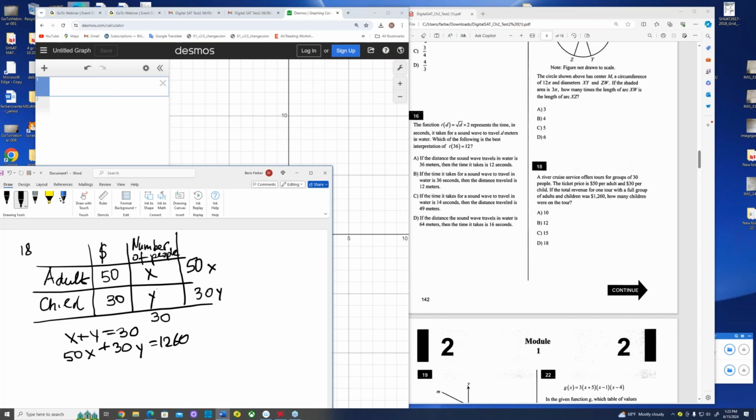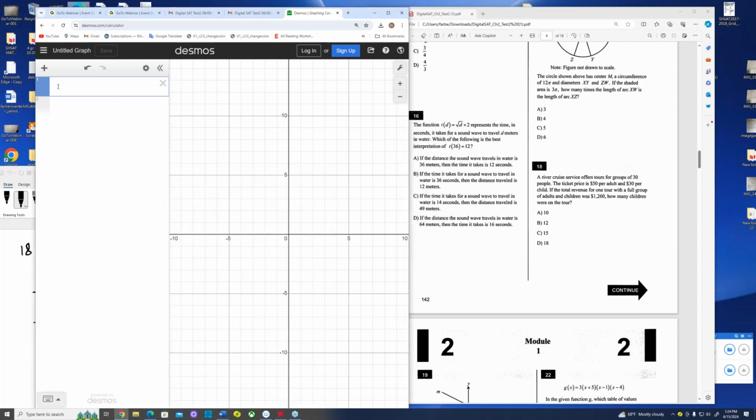For instance, let me go this way. x plus y equals 30, you can see this, right?